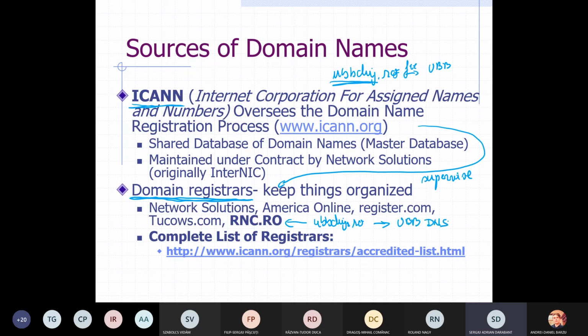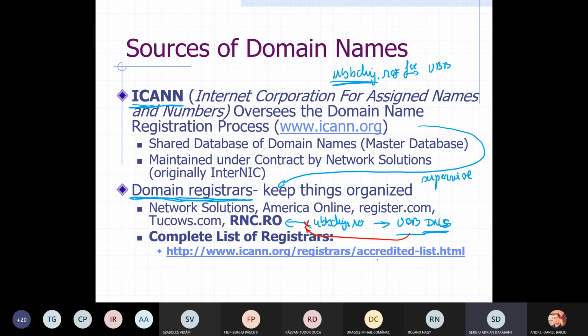You'll need to provide yourself a DNS server that will host whatever is inside that domain. Whatever you store inside that domain will be managed by a DNS server that you need to put into place.